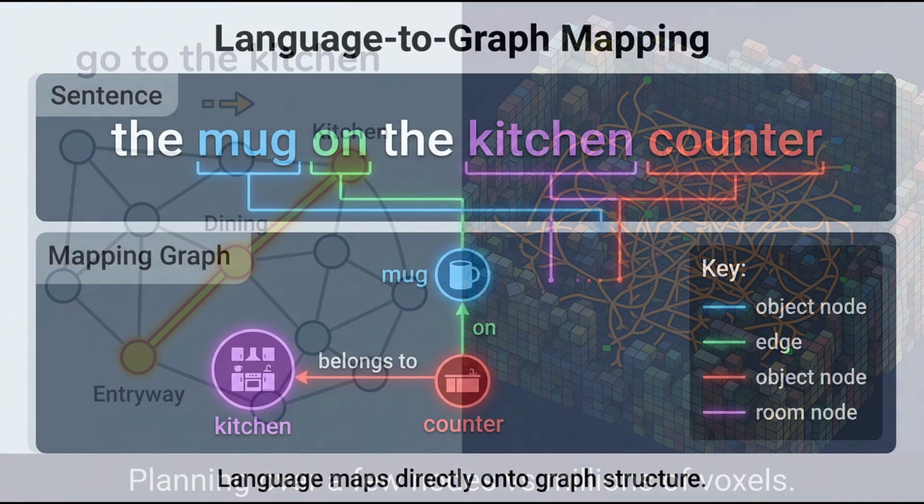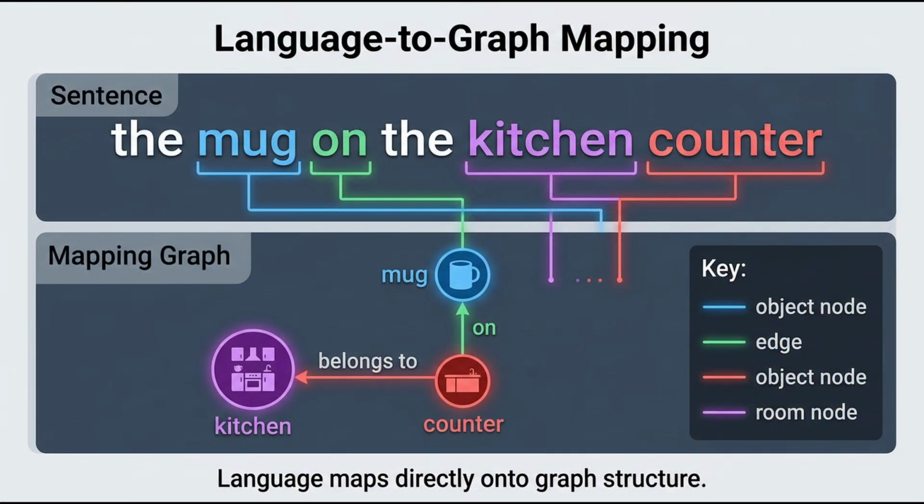Second, reasoning and language. "Bring me the mug that's on the kitchen counter" maps directly onto graph structure. Object node, mug. Relationship, on. Object node, counter, inside room node, kitchen. Language and symbolic reasoning fit graphs like a glove, which is exactly why scene graphs pair so naturally with large language models driving robots.